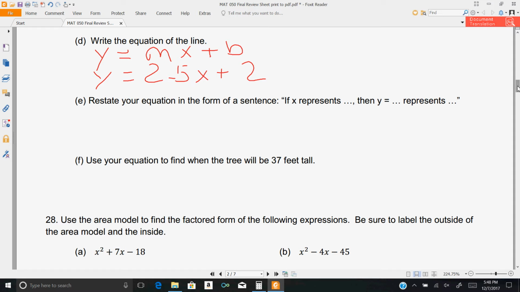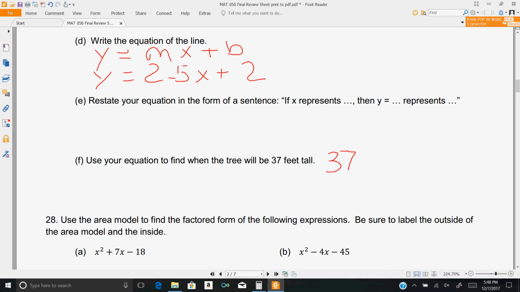And question F, use your equation to find when the tree will be 37 feet tall. Okay. And so come over here. I'll go back to that equation, y equals 2.5x plus 2. And I'm going to put in what I know. Y is 37.